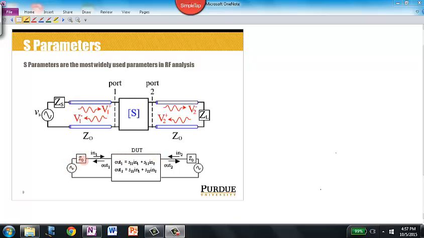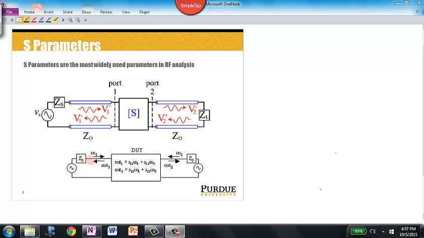And then we've got port 1, which consists of a generator and an internal impedance of the generator, typically 50 ohms. And then we've got port 2, which has the same. And both of these ports are capable of both sourcing and measuring, right? So what we'll do is we'll connect the device under test to both ports using 50 ohm cables, Z0 cables.